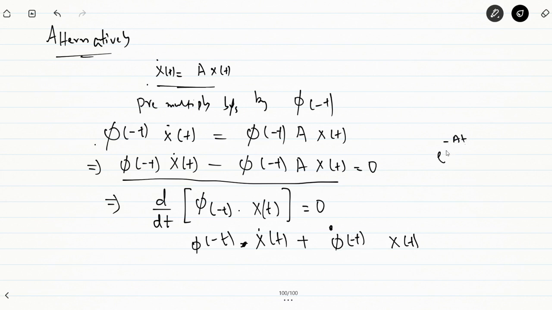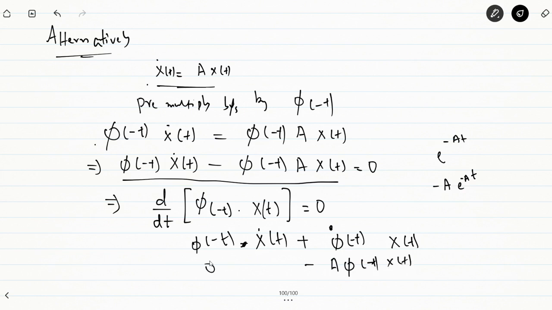The differential of e raised to the power minus a t is minus a e raised to the power minus a t. So this is minus a phi of minus t into x of t.